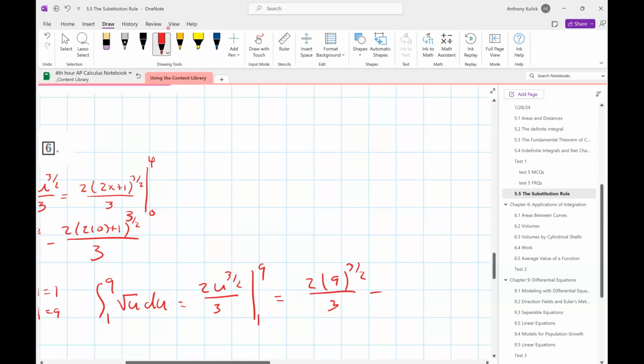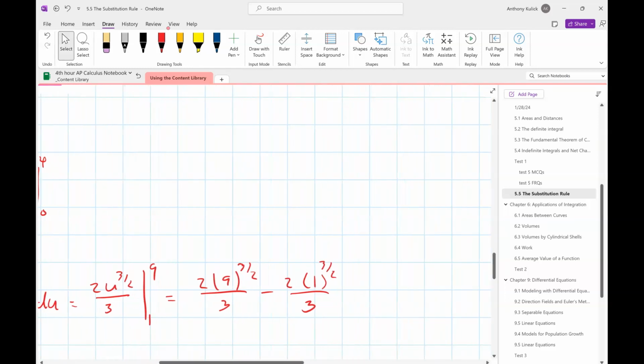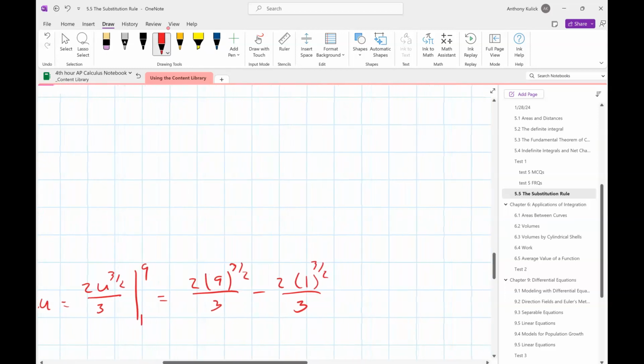And notice if I'm doing it this way, I'm never plugging my u back in. And the arithmetic's a little bit neater, a little bit cleaner, right? 9 to the 3 over 2: square root of 9 is 3, 3 to the third is 27, 27 divided by 3 is 9, times 2 is 18.